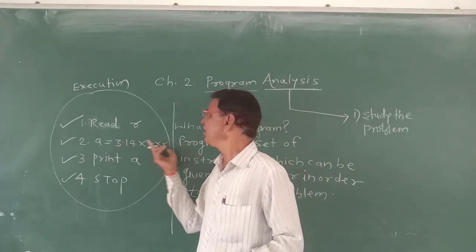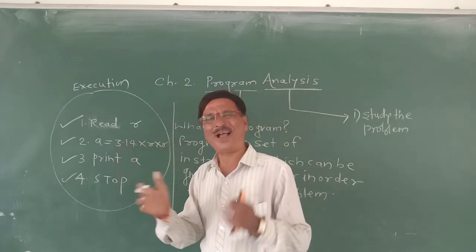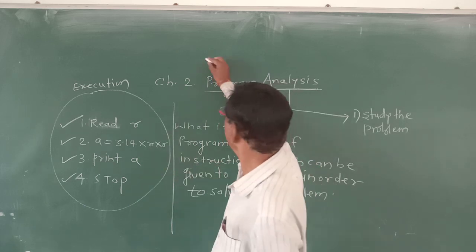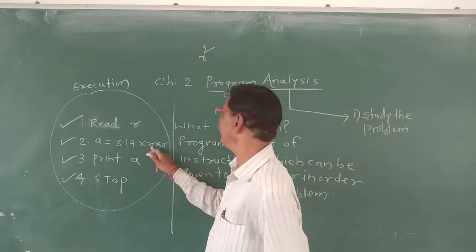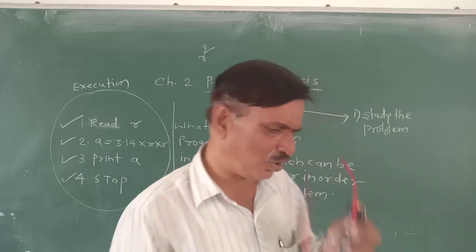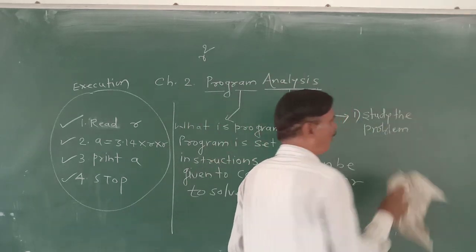Then see the decomposing. Instead of pi, there is 3.14. Instead of r square, there is r into r. That is called as study the problem, understand the problem.